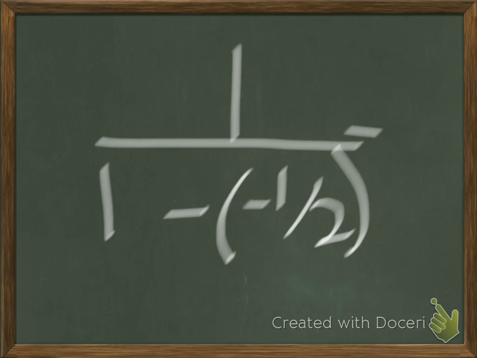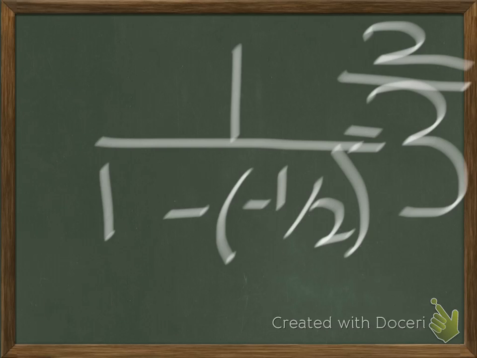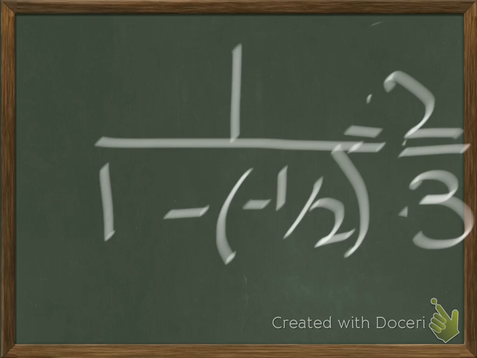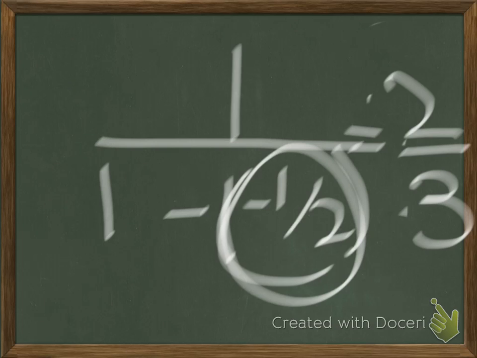When we solve this, we find that the series will converge to 2/3. As you can probably notice at this point, all absolute values of r that are less than 1 will converge.